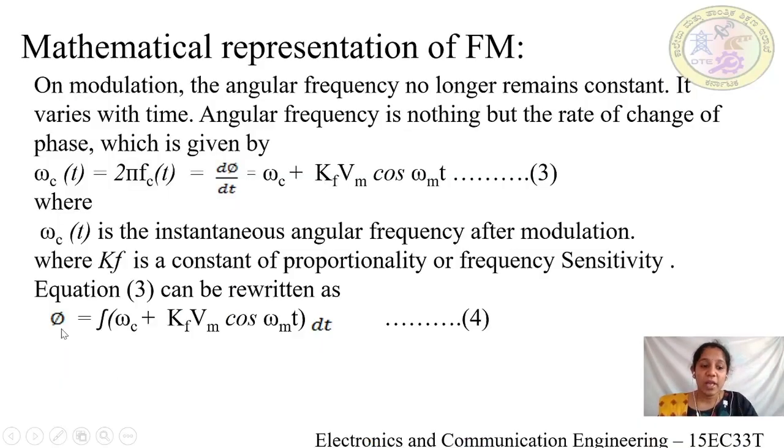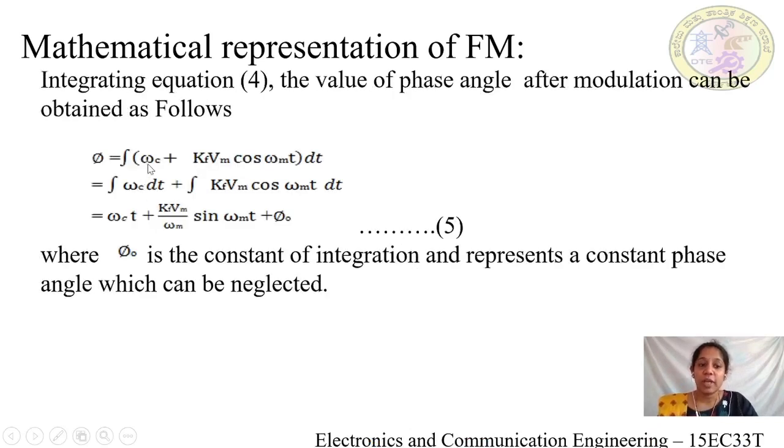So we have integrated equation 3 with respect to dt. We have split this integration between the omega c term and the other term. Integration of omega c with respect to dt is omega c into t, plus kf Vm into the integration of cos, which is sin omega m into t divided by omega m, where phi naught is the constant of integration. Hence, we got the phase phi.